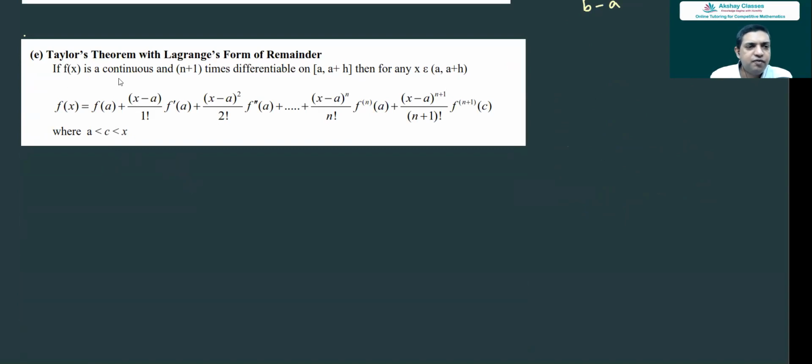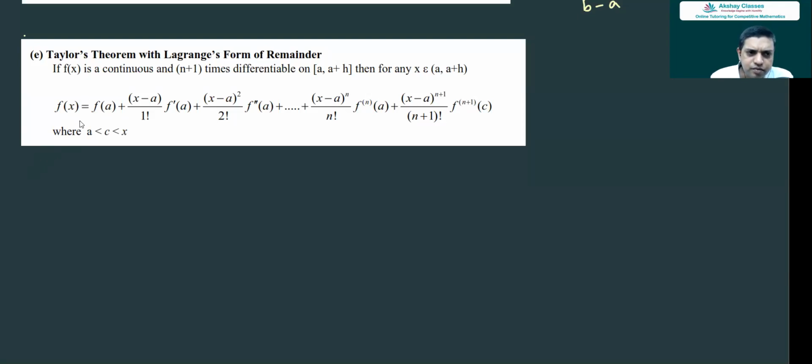Now, if f of x is continuous and differentiable n plus 1 times on a closed interval [a, a plus h], then for any x belonging to [a, a plus h], f of x is this.